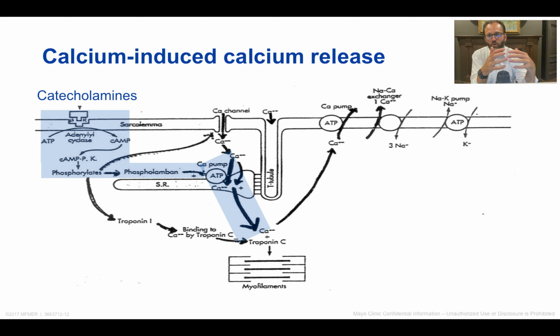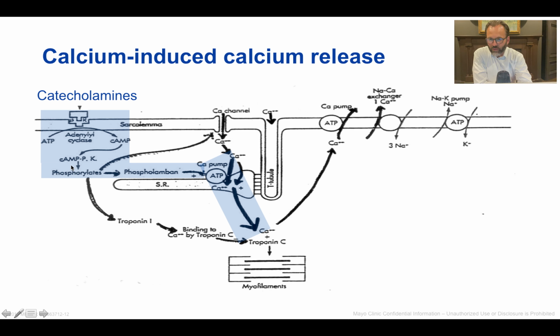And so when we look at how catecholamines increase force production in the myocardium, it is through the augmentation of this mechanism of calcium-induced calcium release. What you can see here is that norepinephrine, for example, would bind to a beta-adrenergic receptor, which is a 7-transmembrane G protein coupled receptor, that would result in increases in intracellular cAMP or cyclic AMP.